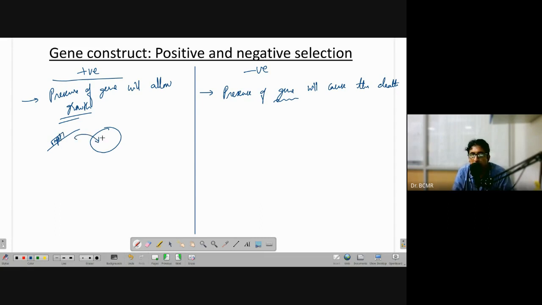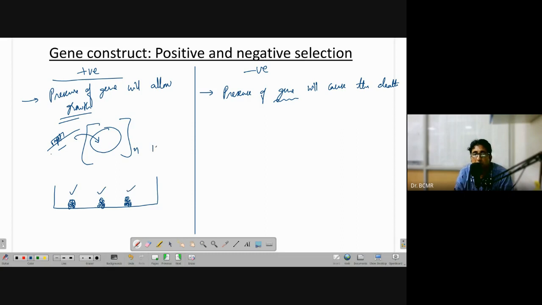You transfected it, and you did this to many cells, but not all the cells will start growing on nutrient plates, I mean growth medium. These are animal cells. So those cells that have received the NPT gene, the neomycin resistance gene, will grow.